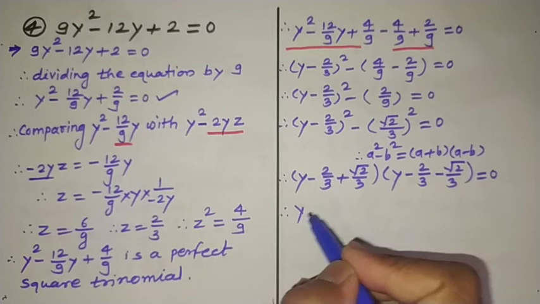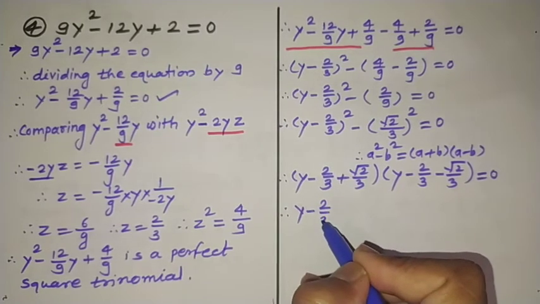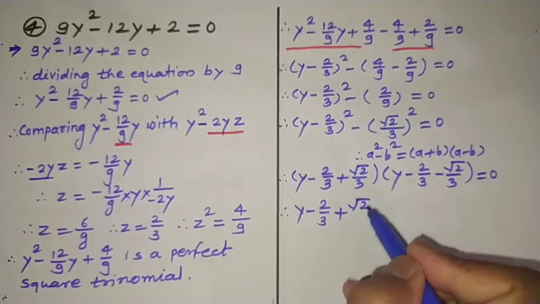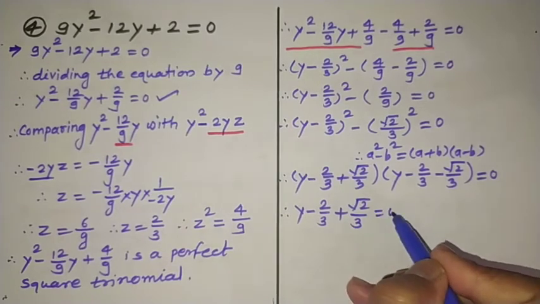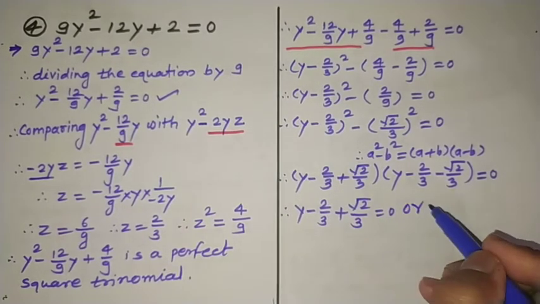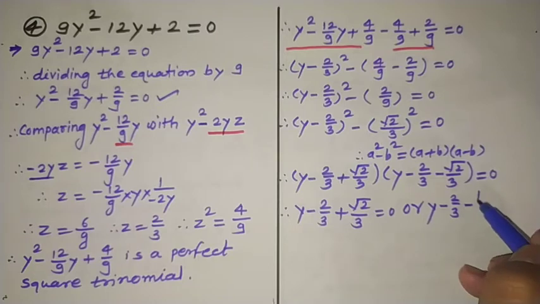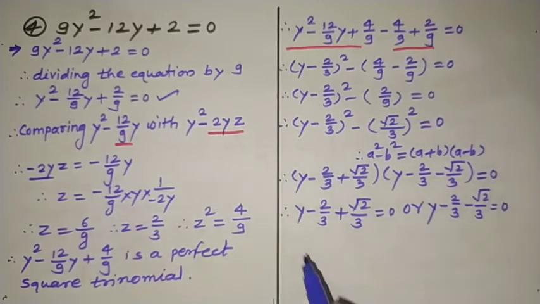Therefore y minus 2 upon 3 plus root 2 upon 3 is equal to 0, or y minus 2 upon 3 minus root 2 upon 3 is equal to 0.